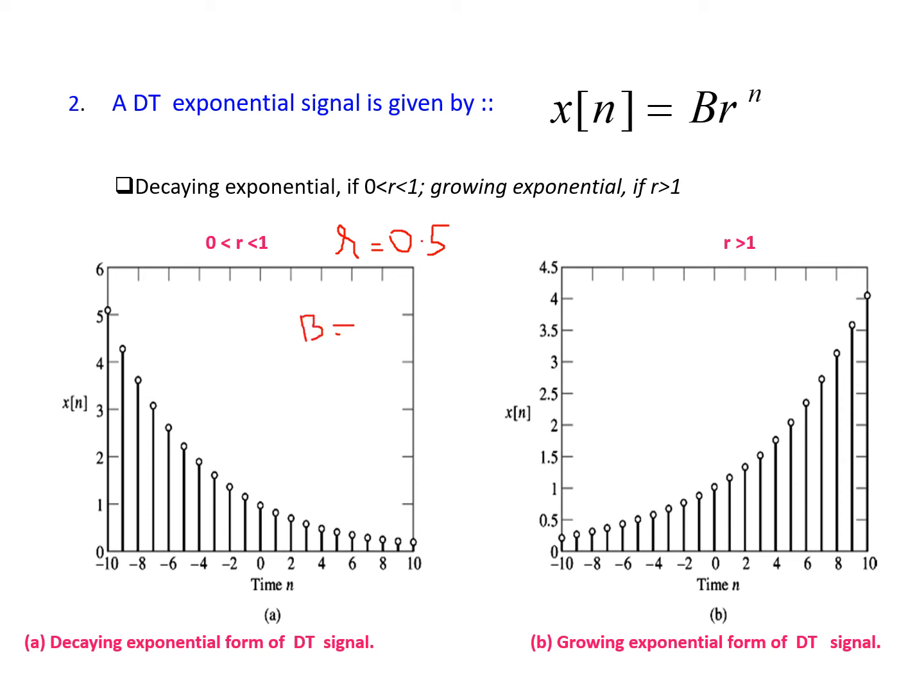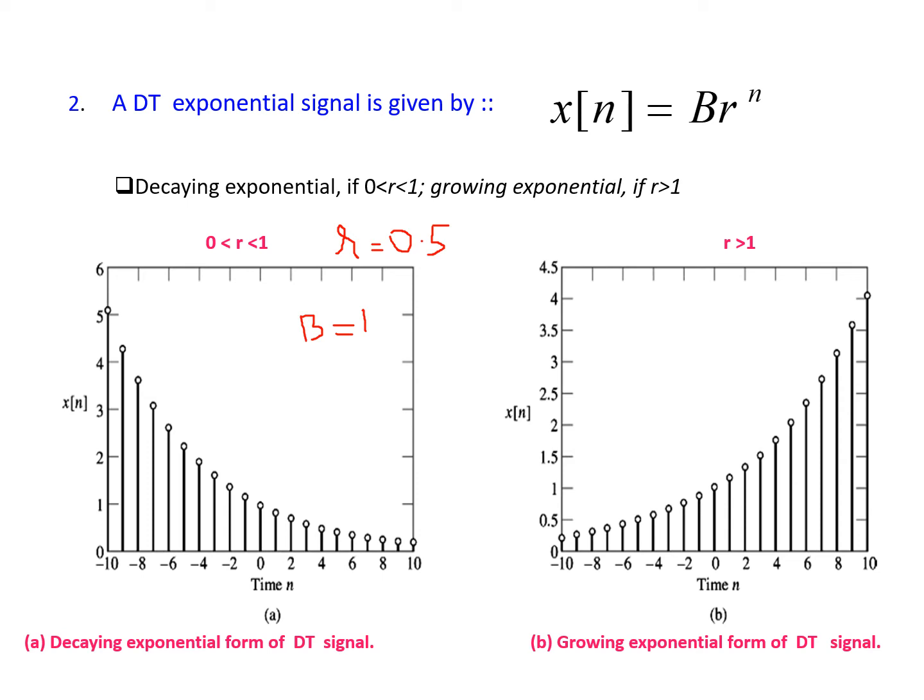Then n is an integer. Let us take only positive integers for the time being, starting from 0. Or even negative values can also be considered, because in this graph they have shown both positive and negative values. Let us take n as an integer: 0, 1, 2, 3, etc., as well as 0, minus 1, minus 2, minus 3, etc.